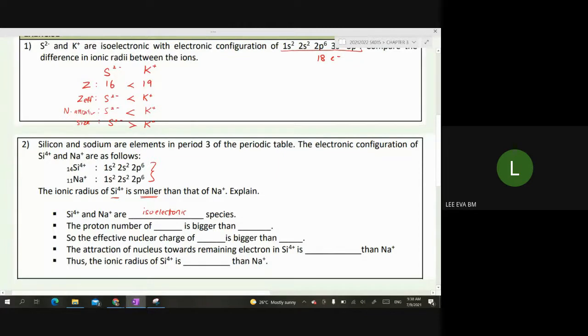The proton number of what is bigger than, so which proton number of species is bigger? Silicon. Don't write Si, because this question gives Si4+. Write Si4+, bigger than Na+. And then the effective nuclear charge of silicon as well is bigger than sodium. How about the next one? The attraction towards the remaining electrons in silicon 4+ is?